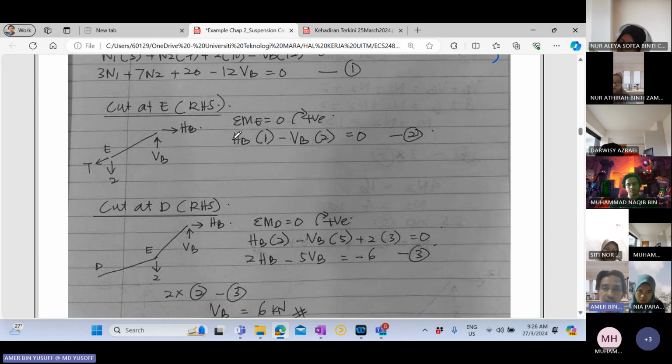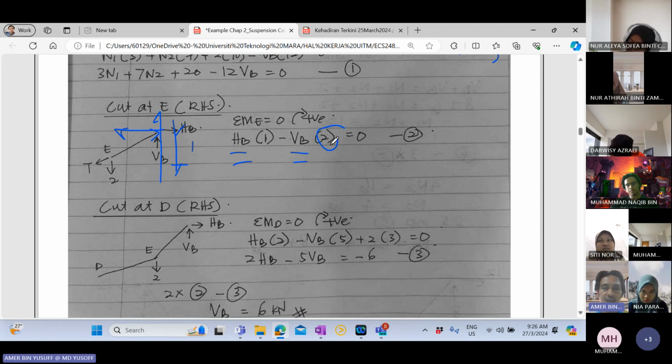HB multiplied by this distance 1, VB multiplied by this distance 2. So you get another equation in terms of HB and VB.